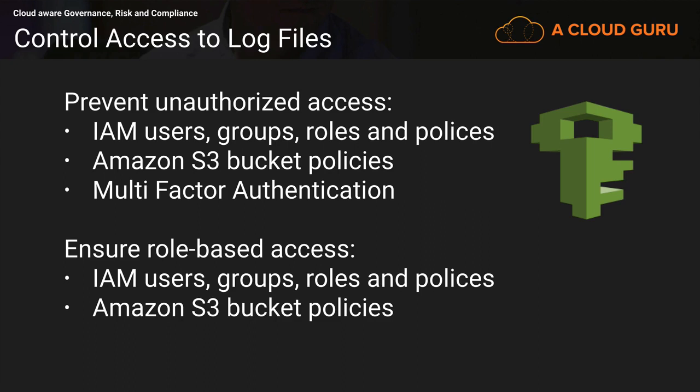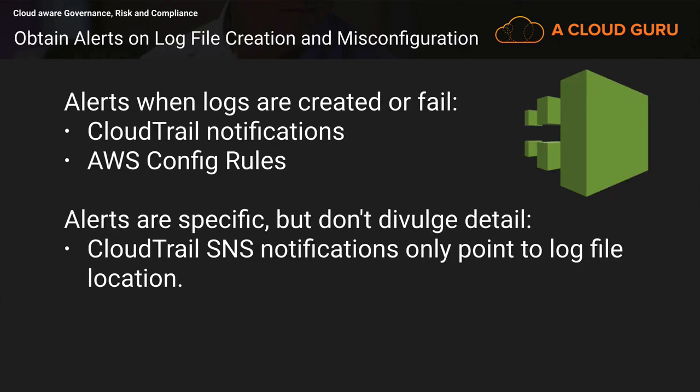Also ensure role-based access. Only the people who should be looking at your logs, your security people, should have access. It shouldn't be HR people, for example. You can do that using, again, IAM users, groups, roles, and policies, as well as Amazon S3 bucket policies.